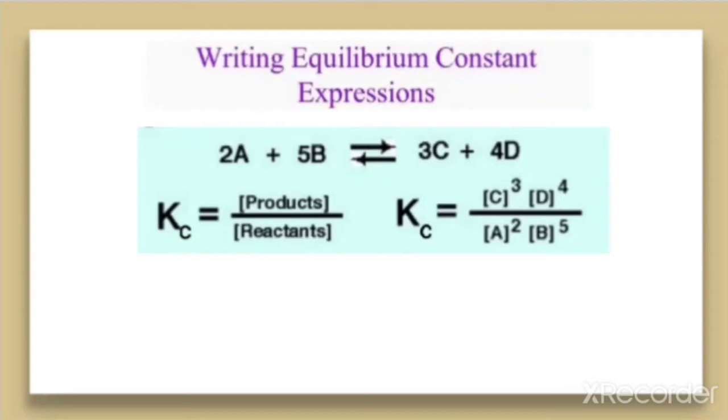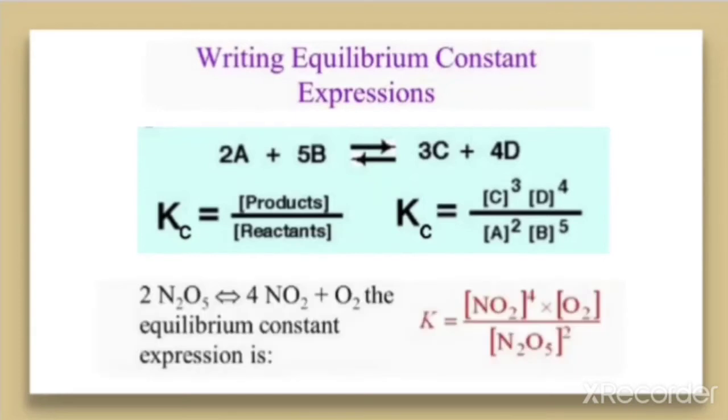Now let us take one particular example, the reaction given here: 2N2O5 is in equilibrium with 4NO2 plus O2 at a given temperature. So how do we write the equilibrium expression for this reaction?